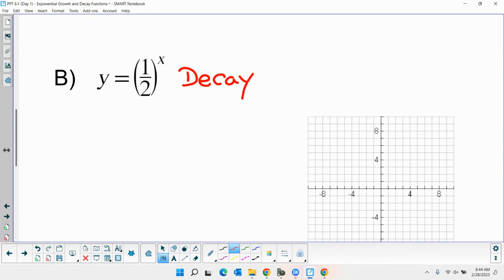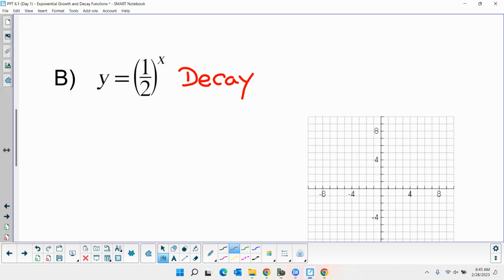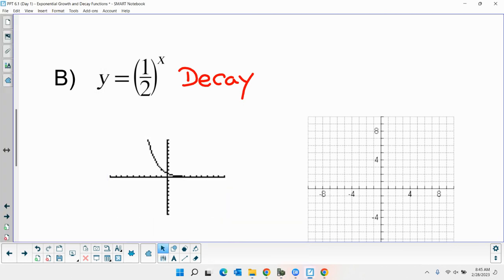So to graph it, just put it in your calculator, hit your y equals button, and change 2 to 1/2, or you could hit 0.5 if you want. I'll just do it like it shows, to the x power. And we graph it. It goes down quick, and then it flattens out, just like we said.